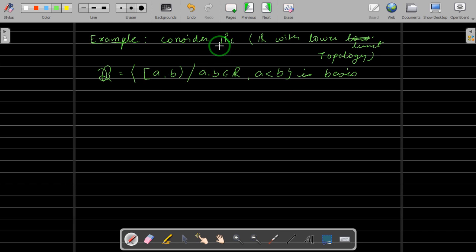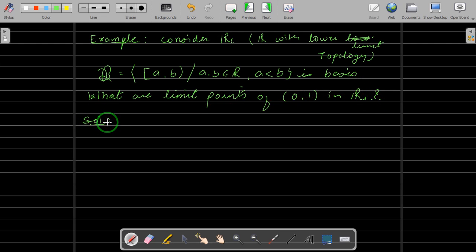Now with this, the question is, what are the limit points of, say, the open interval (0, 1) in R with the lower limit topology?